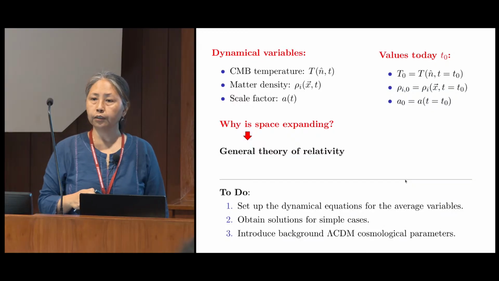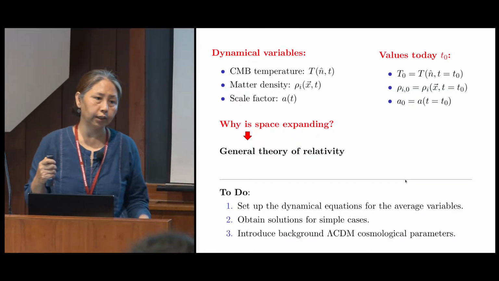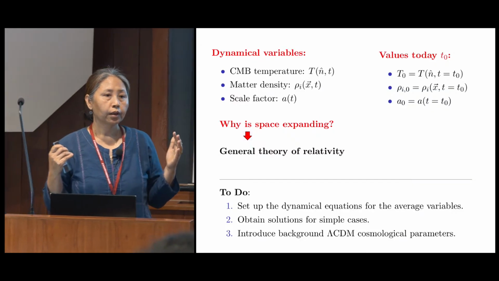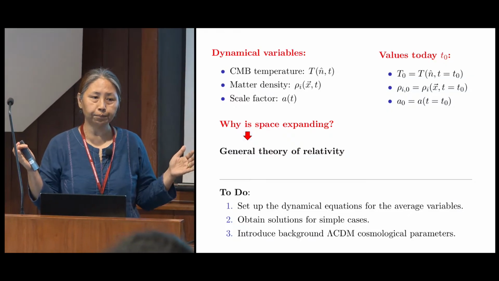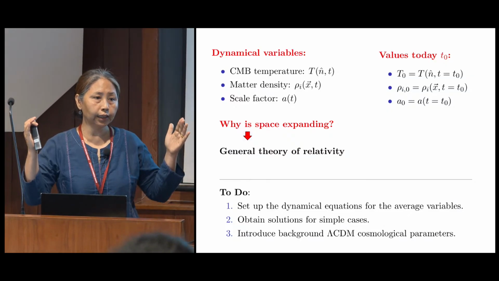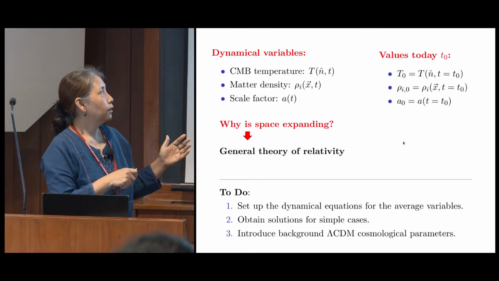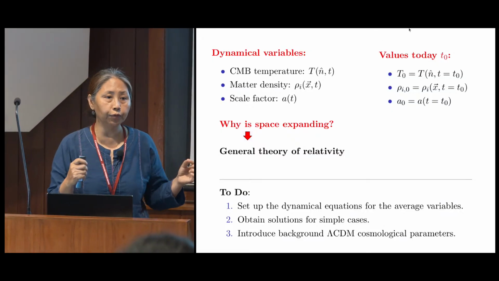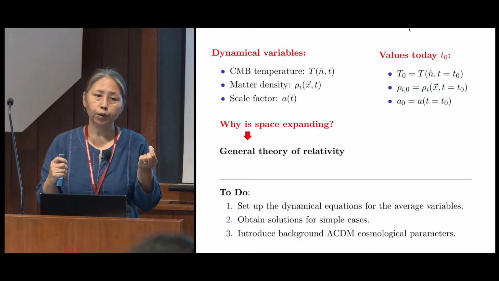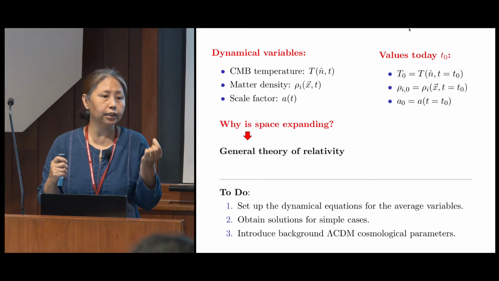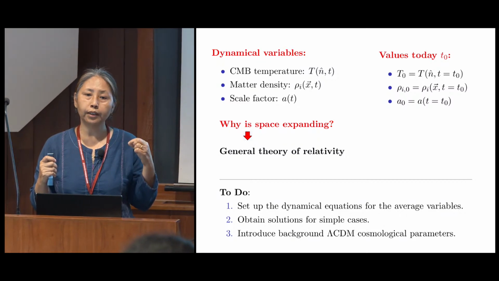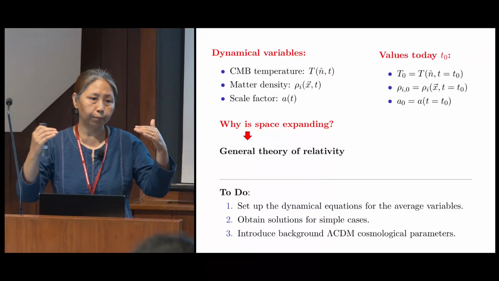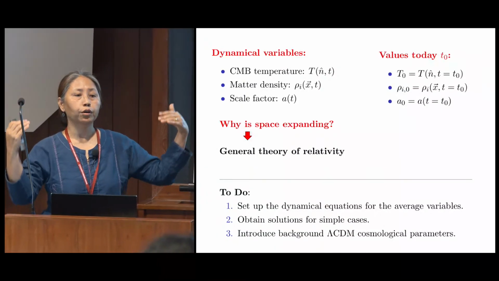By convention, as I explained yesterday, when we say distance, what is the distance at a given time? The value of a at any time t is not very well defined. What is well defined is the ratio between a particular time and a later or past time.